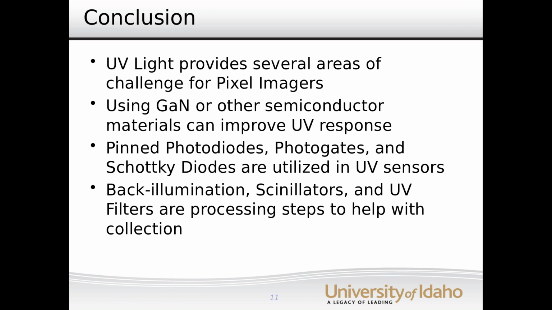PIN photodiodes, photogates, and Schottky diodes are often utilized in UV sensors and short wavelength sensors in order to capture that light near the surface. And then back illumination, scintillators, and UV filters are processing steps that we can use to capture the light in different ways.